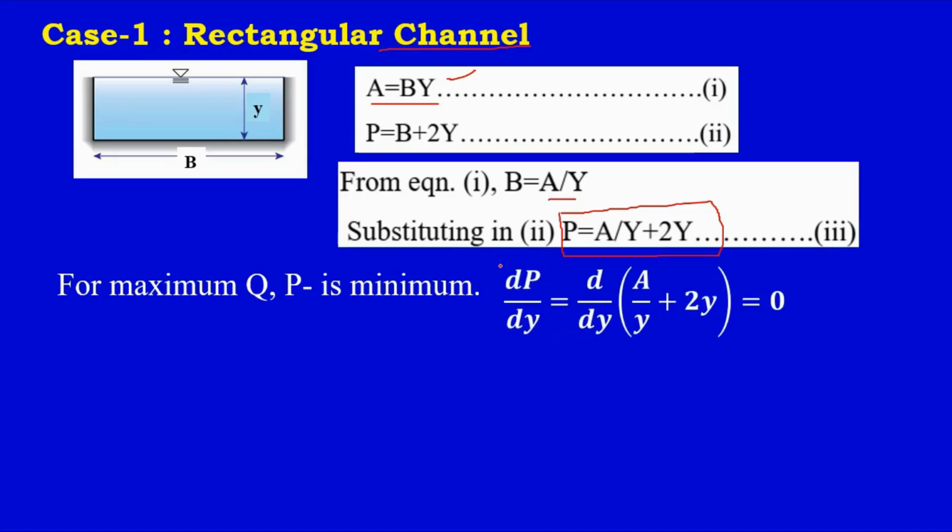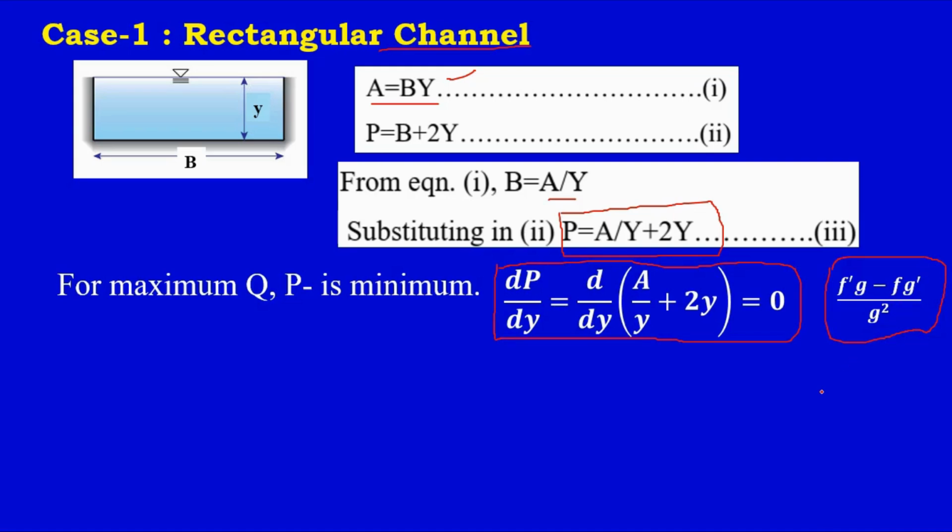Then you have this equation: dP by dy should be equal to 0. To get the minimum value with respect to y, we have to differentiate P with respect to y, which is A over y plus 2y, equal to 0. You know this rule from calculus: if you have a division of two functions, the derivative is f derivative g minus f g derivative over g square.